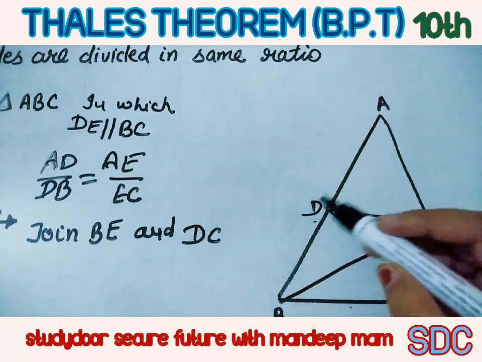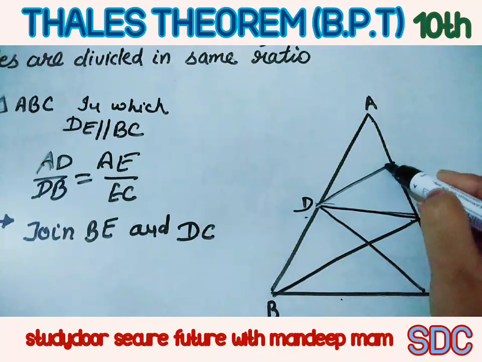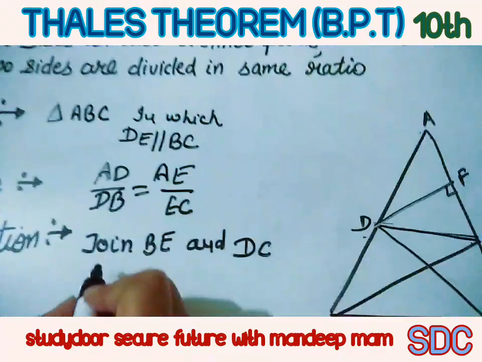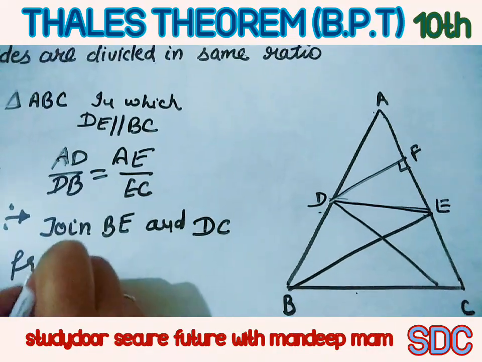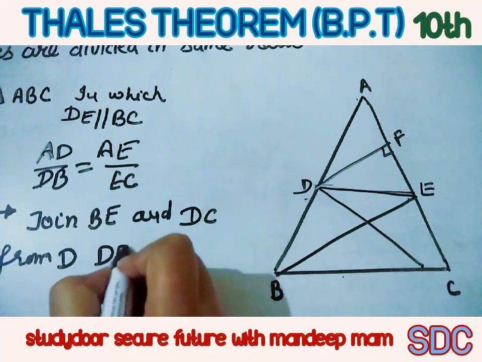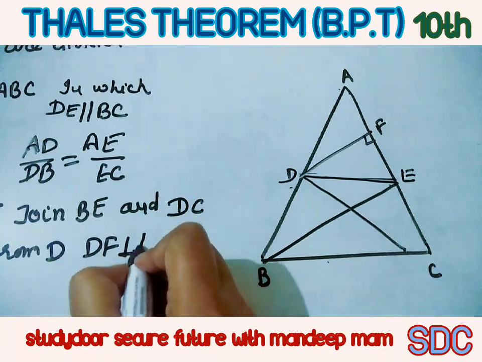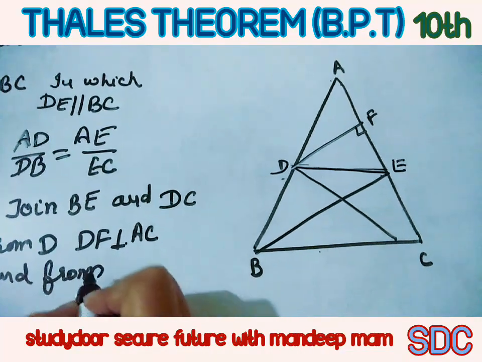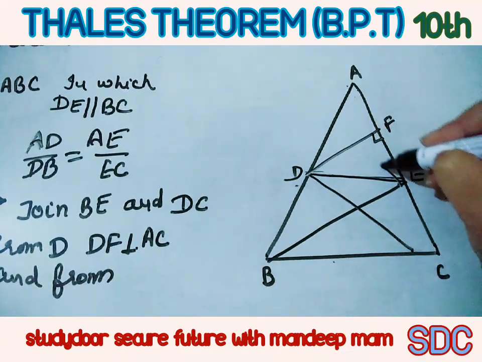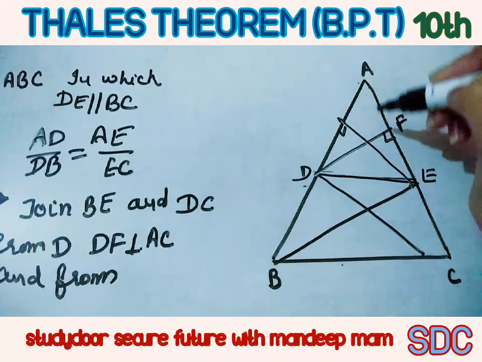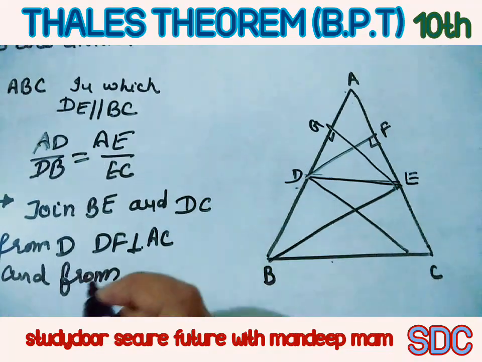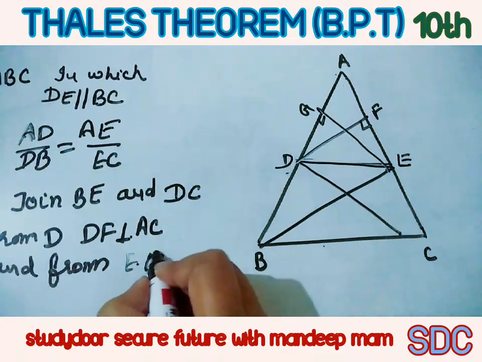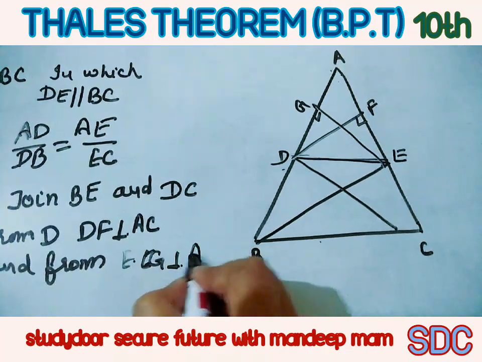After that we will construct DF perpendicular to AC from D, and from E construct EG perpendicular to AB.